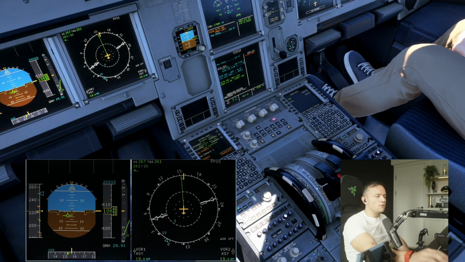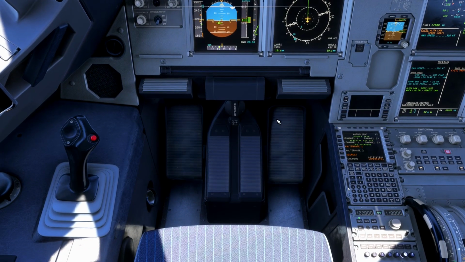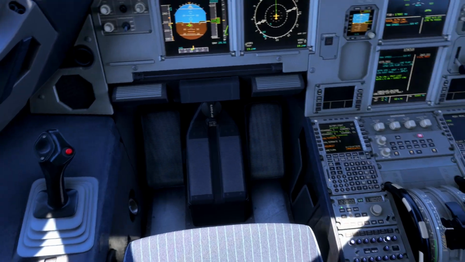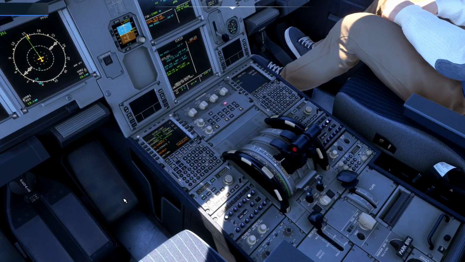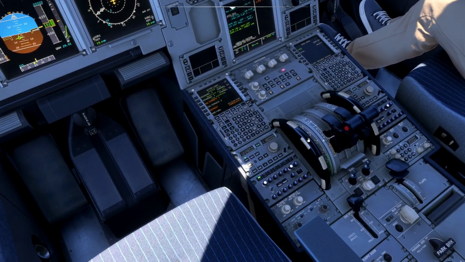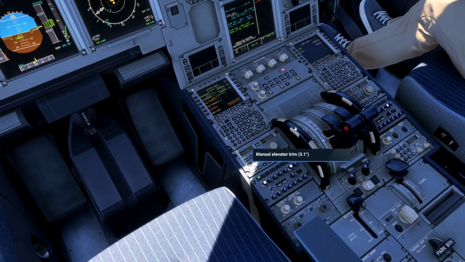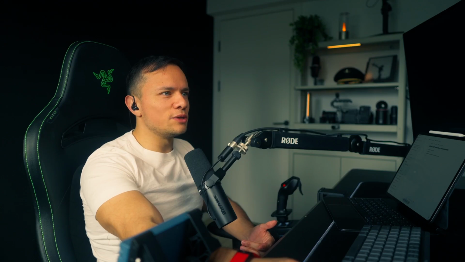Even if they fail, there are only 2 control surfaces connected by cable: the rudder, the pedals, these ones, and the pitch trim, which is this one. So in mechanical backup, you can only control the bank with the pedals and the pitch, the altitude, with the pitch trim, which is quite hard. And yeah, when you practice it, it's always a mess.